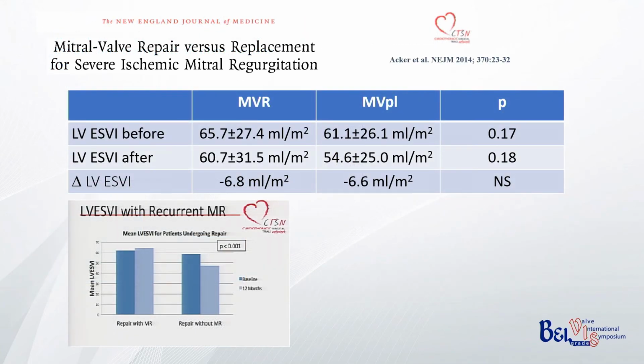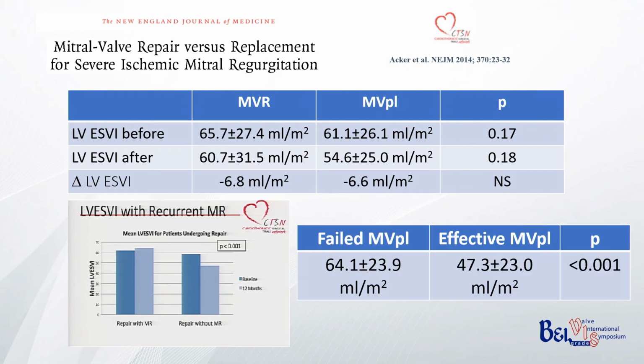And more importantly, if you look at the CTS-NET trial and you look at those patients who had a mitral repair that held, that did not fail, you will see that effective mitral valve repair resulted in huge reverse remodeling.